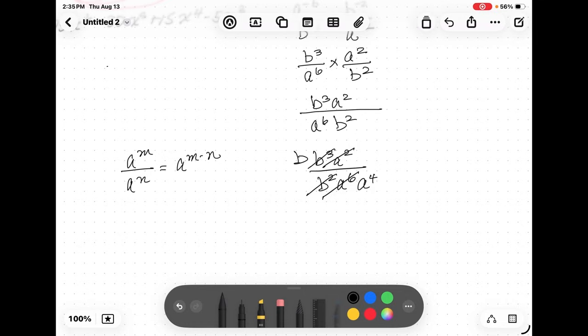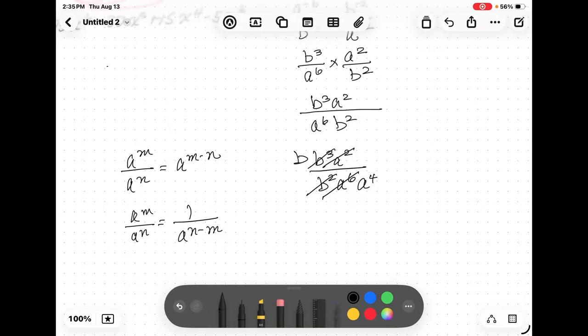I can subtract the exponents. And I can subtract them either way. I could also say a to the m over a to the n is equal to 1 over a to the n minus m. Look at both of those. Both of those are allowed.